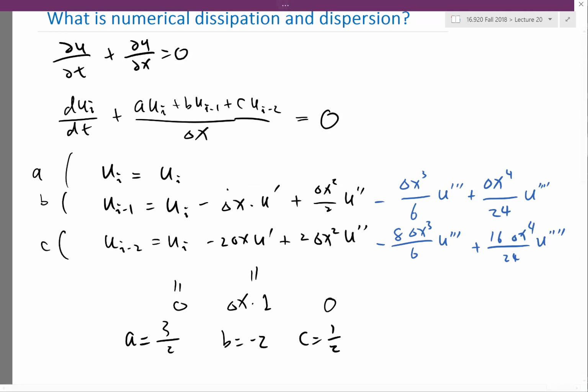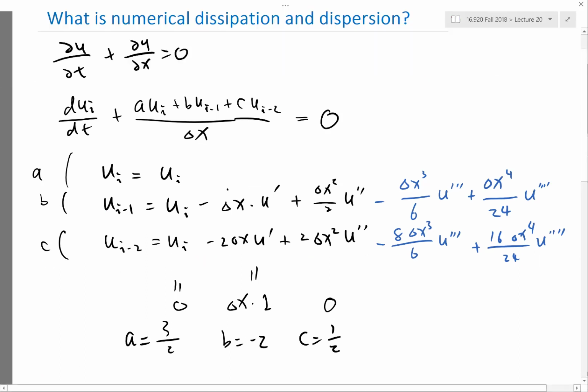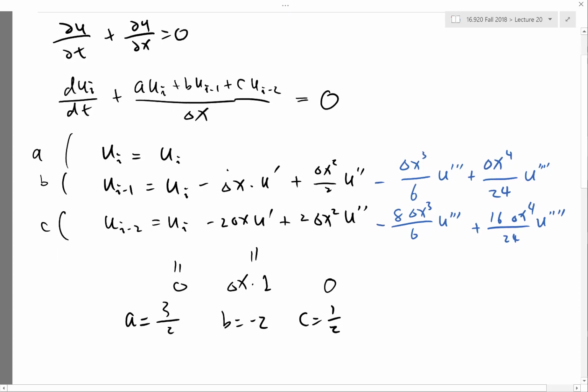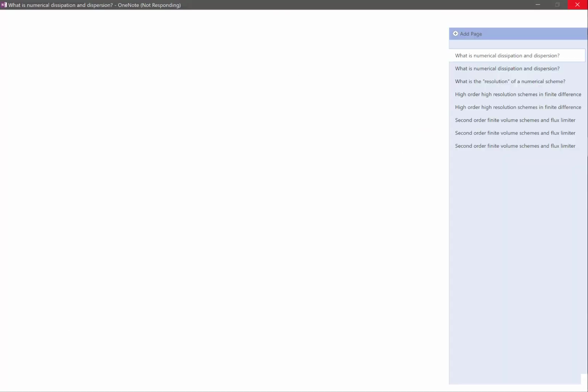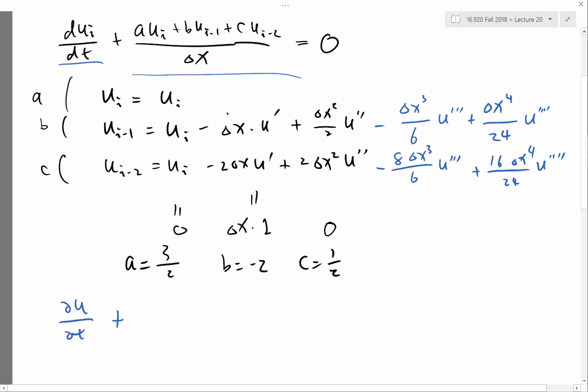And now let's plug these coefficients into the blue terms to figure out the modified equation. So the modified equation is copying this term plus, instead of writing the numerical scheme, let's write out the expanded terms. First we have the correct approximation, which is du/dx. But then we have everything over here multiplied by a, b, and c.